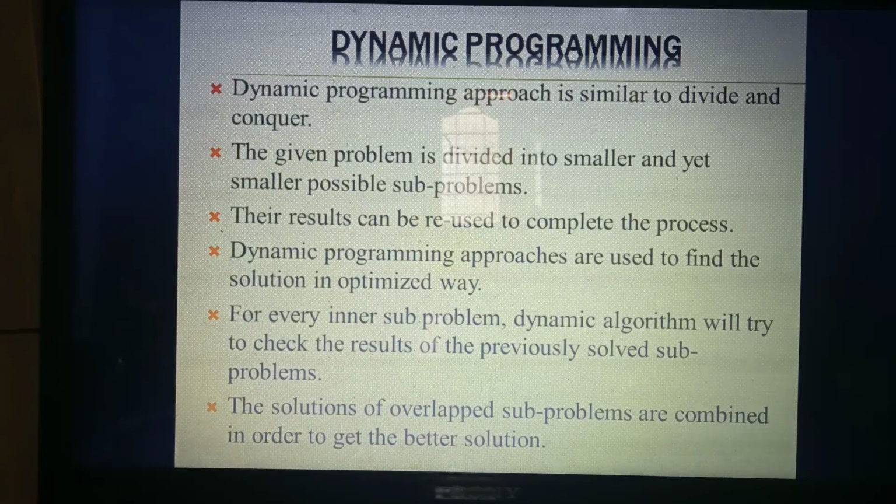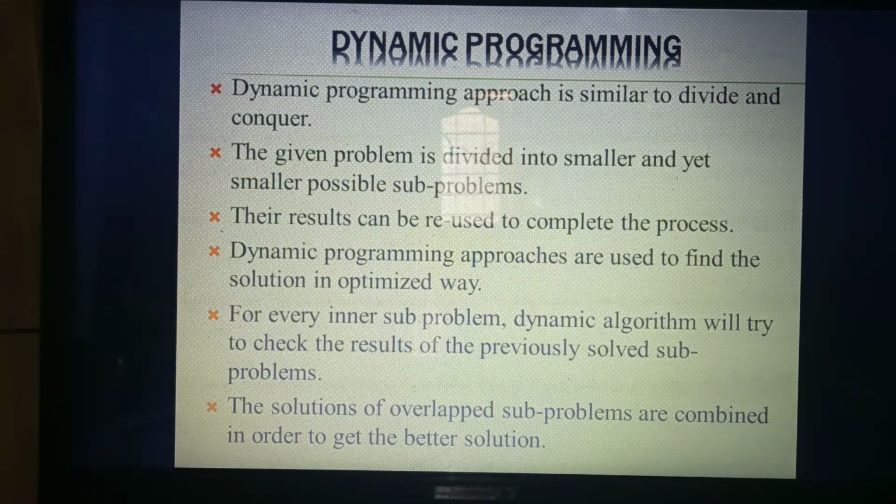For example, they give you 200 lines of code, and you split it into 10 lines each. First 10 lines, one module. Second 10 lines, next module. Next 10 lines, third module. The same is explained here also. The particular problem they give you, you divide into smaller sub-problems.